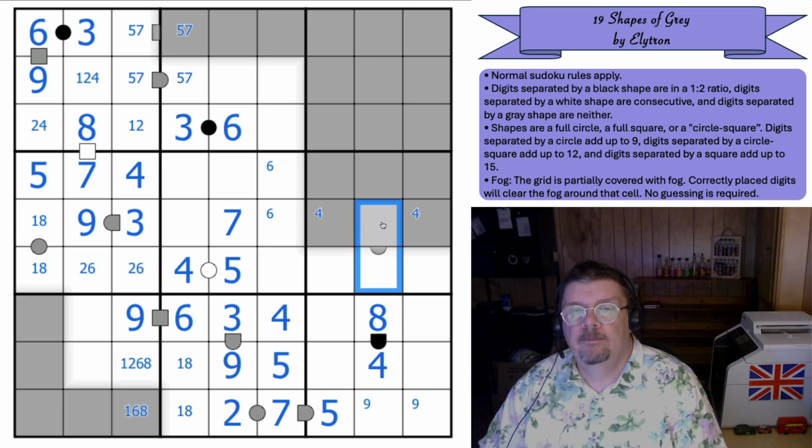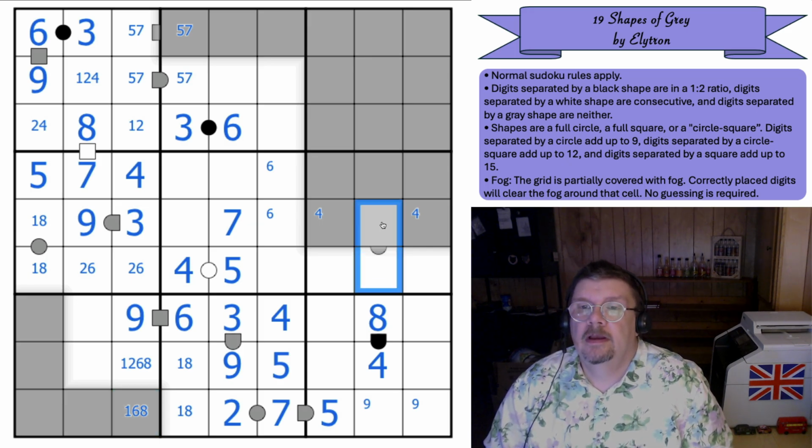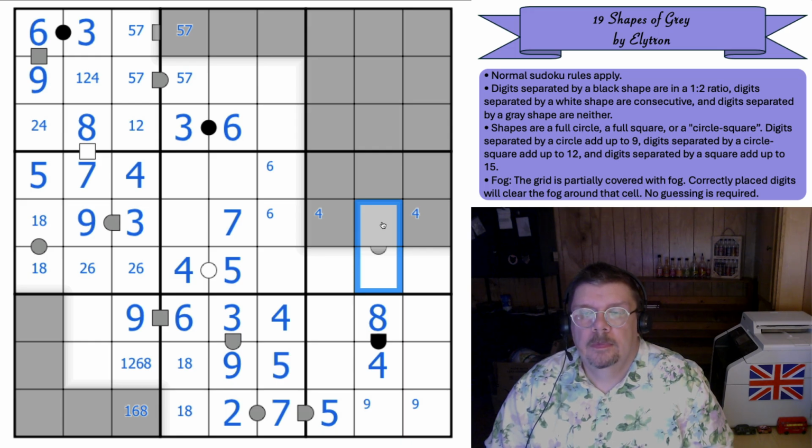Okay, we have a grey circle or circle square. So adding up to 12 or 15. So if it adds up to 15, it's 9, 6, which is certainly possible. If it adds up to 12, could be 5, 7, can't be 8, 4, could be 3, 9. Okay, it can't be 3, 9 because of that.